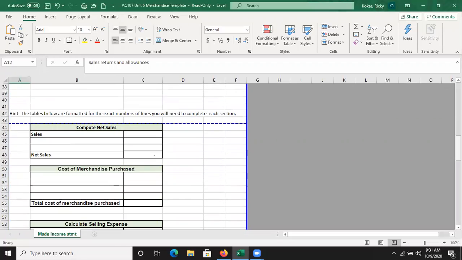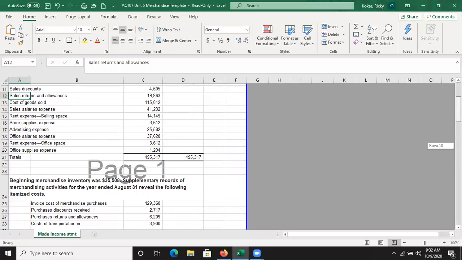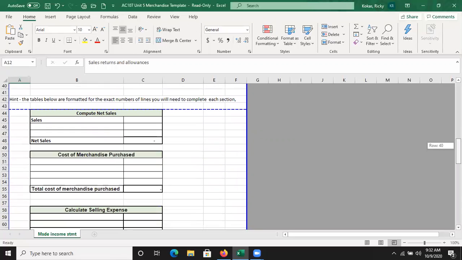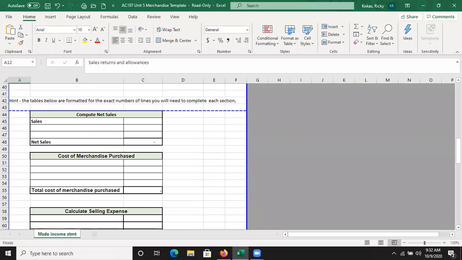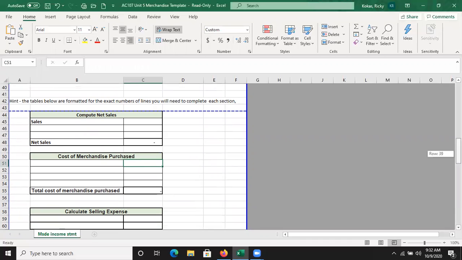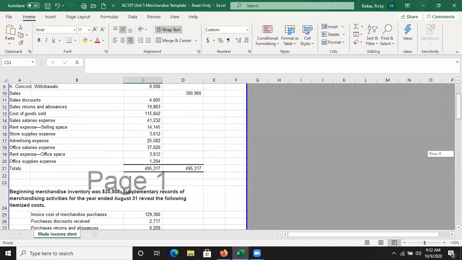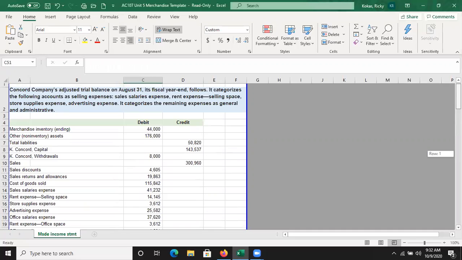Next, cost of merchandise purchased. This is where you get your total cost of merchandise purchased to use in this problem. First, it's going to be your invoice amount of cost of merchandise purchased.